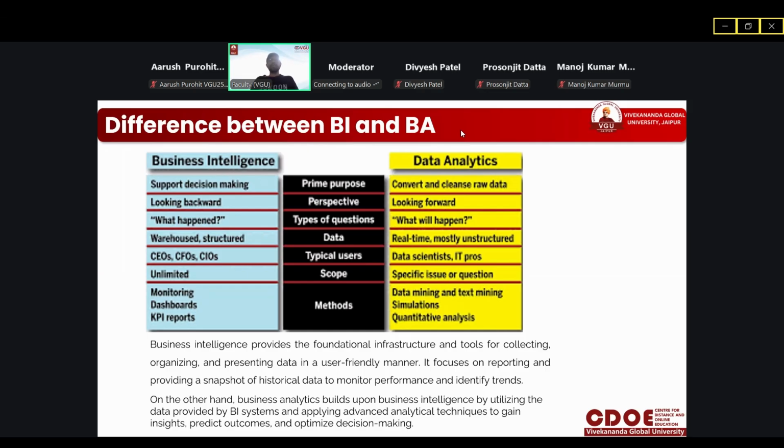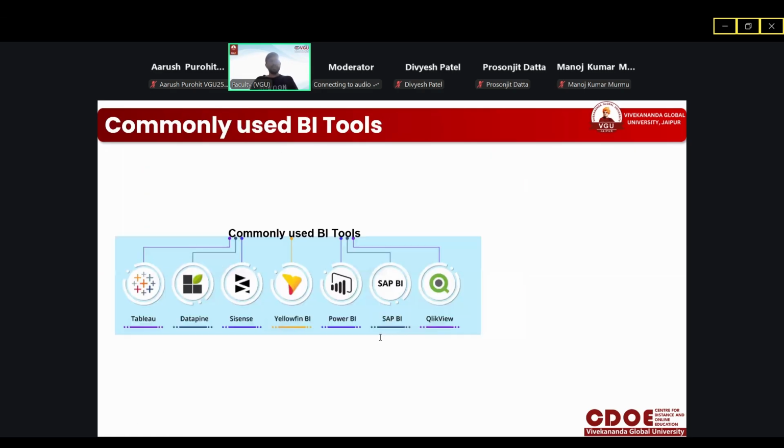On this BI data, we apply analytical techniques to gain insights about the outcome in the future, and we optimize decision making in that part. So those are the major differences between BI and BA.